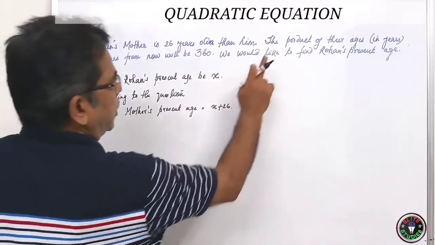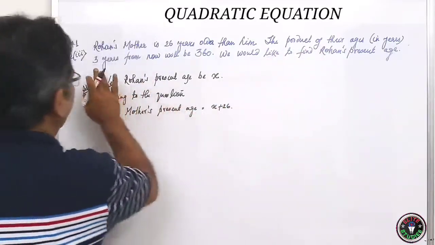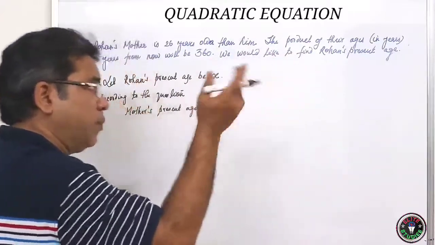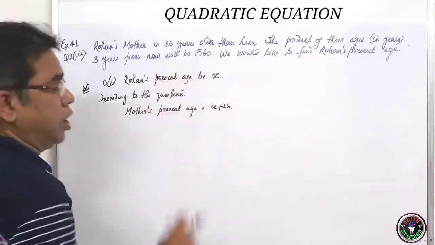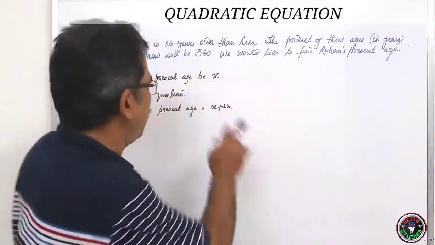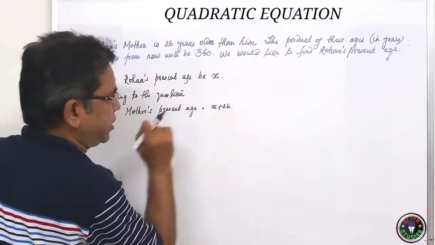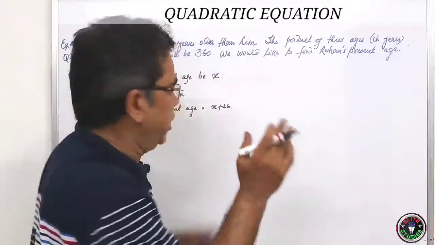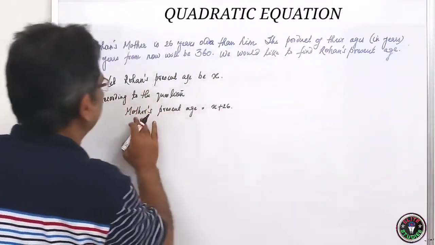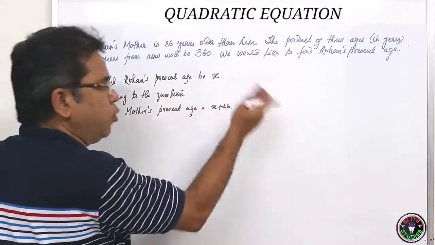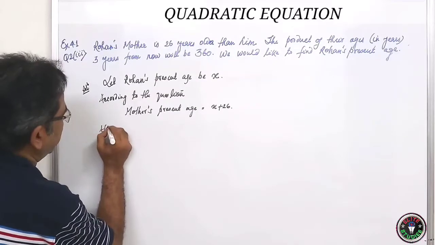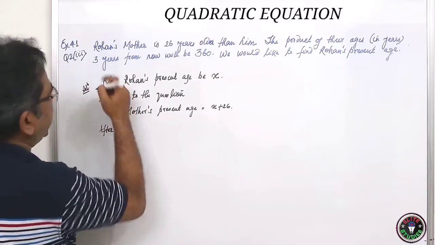Now, the product of their ages 3 years from now, meaning after 3 years, the product of their ages will be 360. So we need to find out what their ages will be after 3 years, because present ages are x and x plus 26.